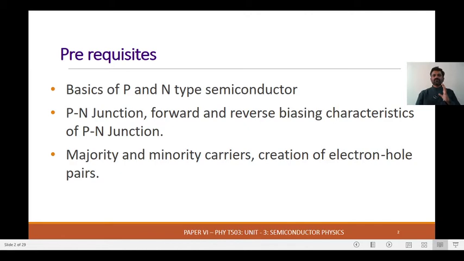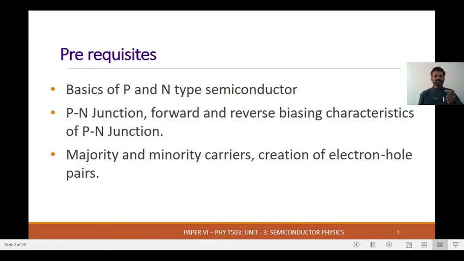The student should also have an idea about majority and minority charge carriers. In a p-type semiconductor, the holes are the majority charge carriers and the electrons are the minority charge carriers. The majority charge carriers come from the impurities added to the pure semiconductor material. Acceptor impurities are the p-type impurities added to a semiconductor.